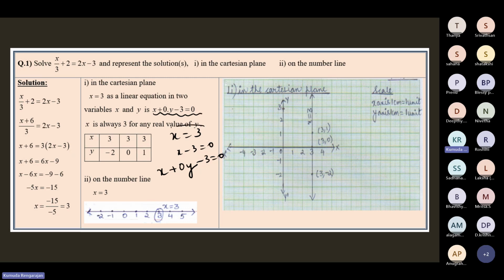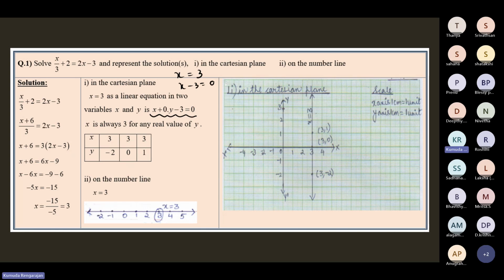Now, as you can make out from this itself, x is equal to 3 means x is always 3 for any value of y. This is how you write the equation in two variables. We have x is equal to 3 or x minus 3 is equal to 0.